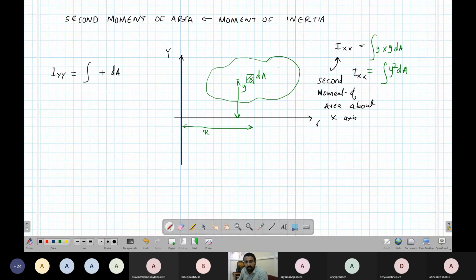The first moment is x times dA about the y-axis, and the second moment is x square times dA. This is the second moment of the area about the y-axis, also known as moment of inertia.